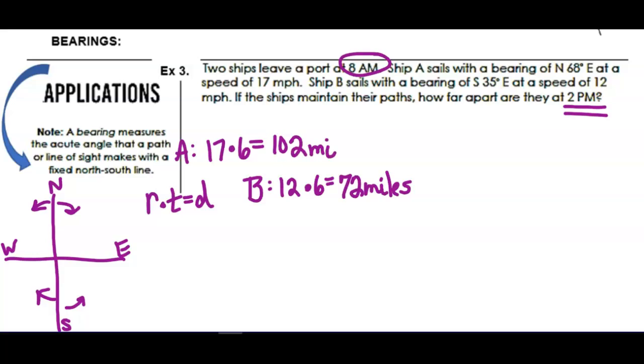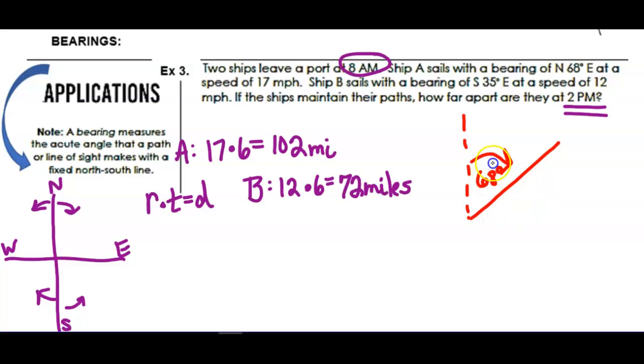I'm not sure I gave you more of those, but so now we got to figure out this drawing. Two ships, A is sailing at a bearing of off of north 68 degrees towards the west. So here's our north-south line, and he is going 68, which is over half, right?